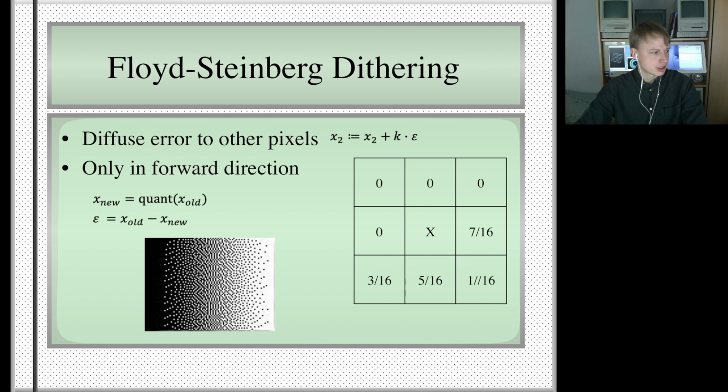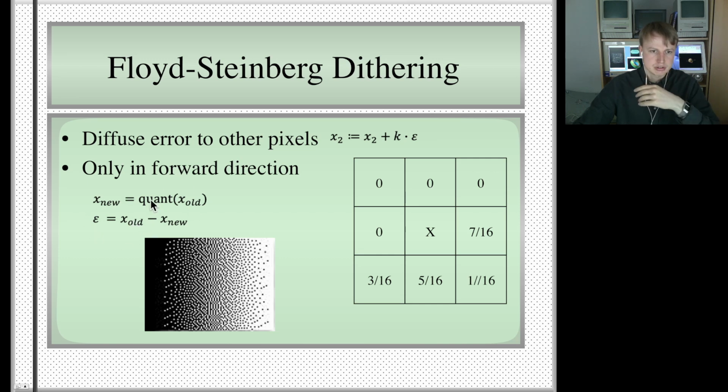And for that, we will use a diffusion error method, which would be the Floyd-Steinberg dithering. And that's the reason why we do this whole presentation. I want to show you this very cool algorithm. And how it works is we have some error, which is from the old pixel.